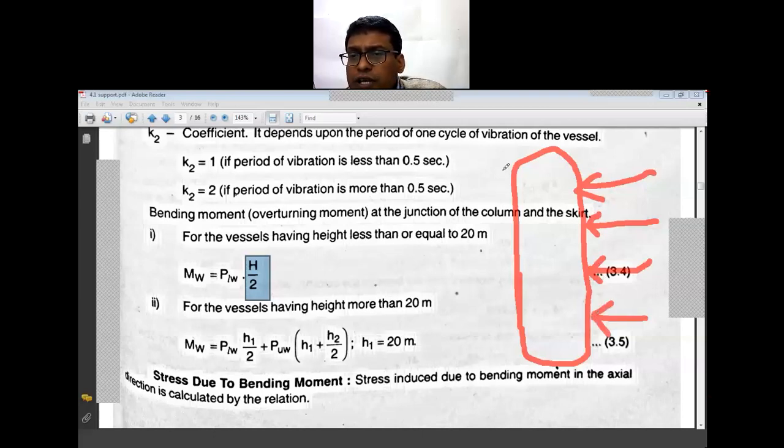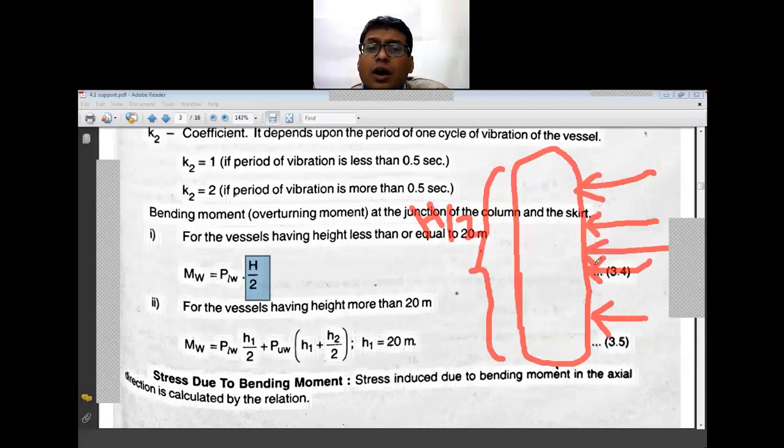Whatever the total height h is, divided by 2. So the resultant force will act at h by 2. So this is the resultant force, and that is why the bending moment is equal to the wind force PUW into h by 2. This is for the height less than 20 meters.